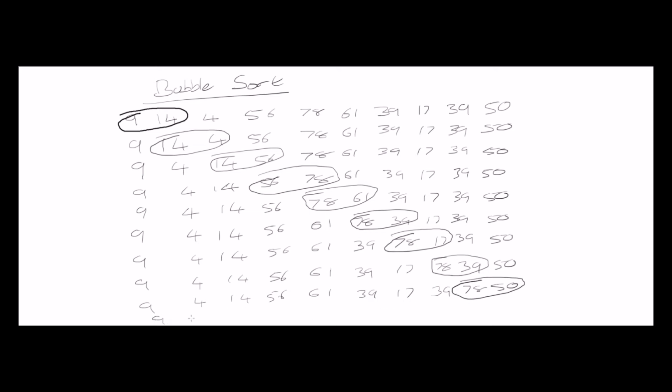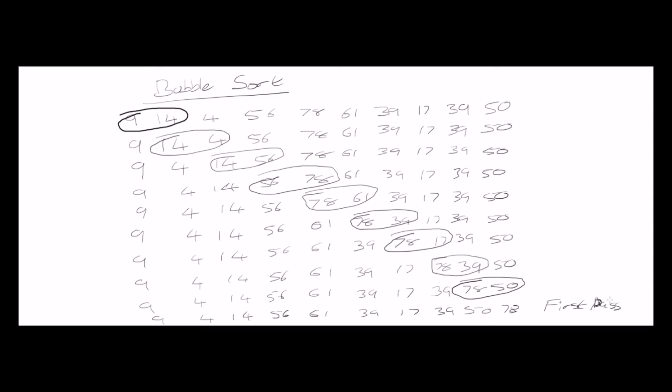And we write out our list again up until this point. So we go through like this. And I can see that 78 is bigger than 50, so I would swap those two round. And that's the first pass.